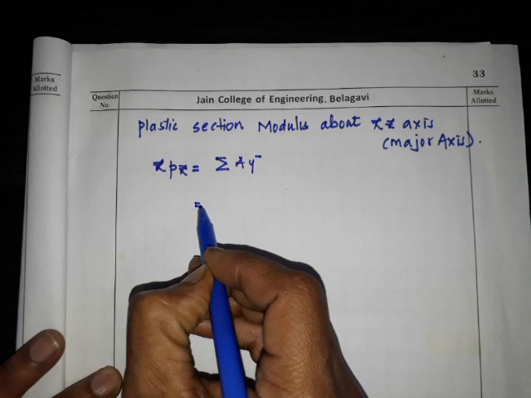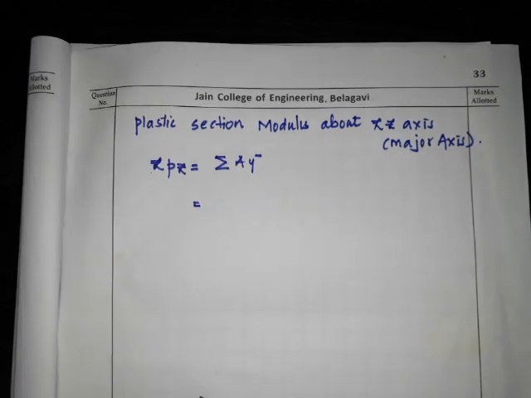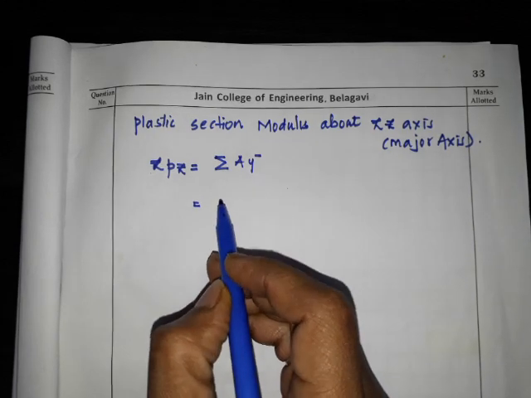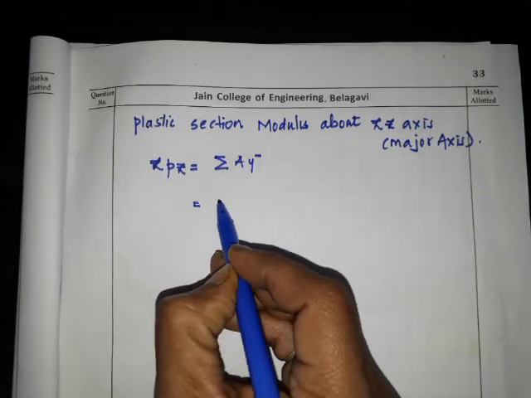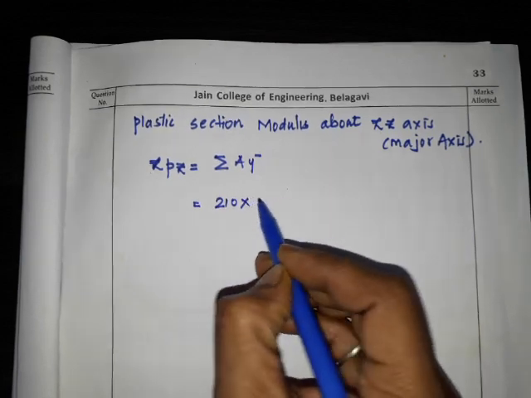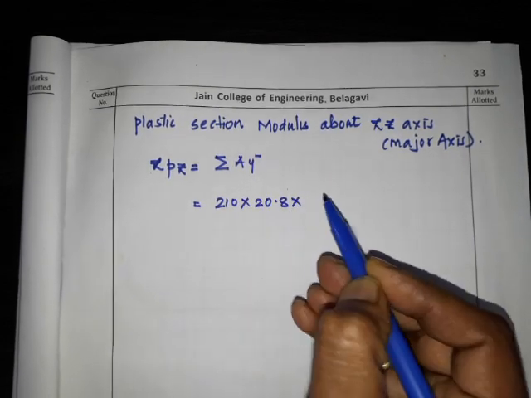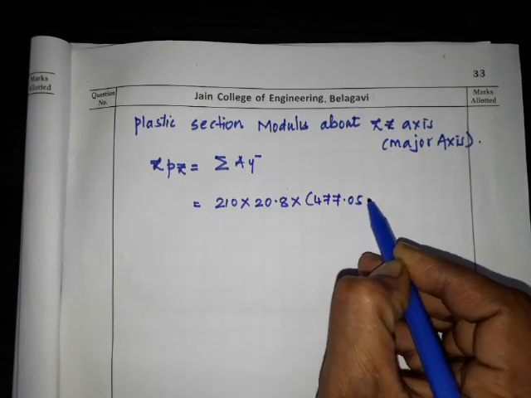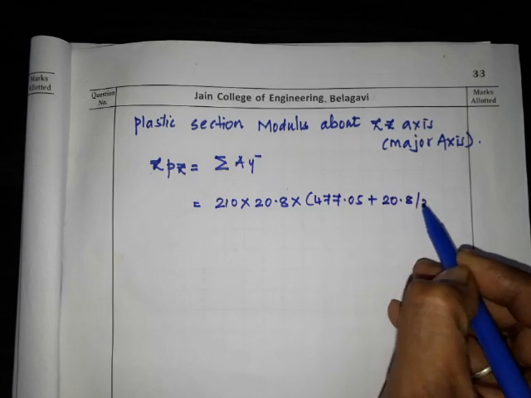We'll calculate that. You have to consider both the part above the equal area axis and the part below the equal area axis, so we'll consider them one by one. We start with 210 into 20.8 into 477.05 plus 20.8 divided by 2.